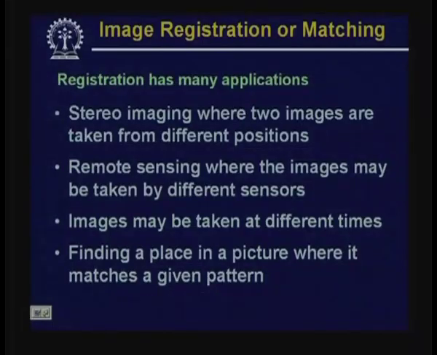So, the information extraction from such fused images becomes much easier. The other application is where the images may be taken at different times. If we can register those images, that is, find for a particular point in a given image what the corresponding point is in the other image taken at some other time instant, then by this registration we can find the variation at different point locations in the scene.